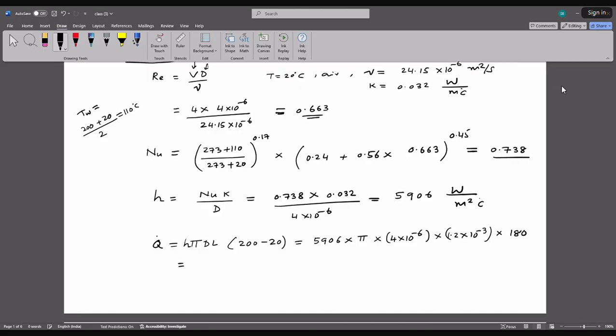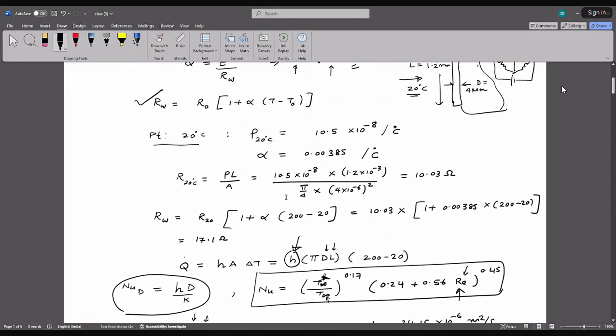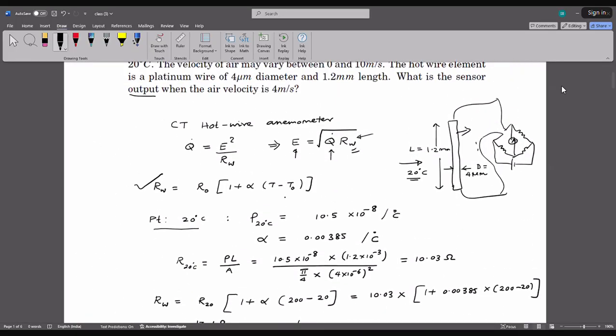If we do the calculation, this will come out to be 0.016 watt. Okay, so this is the heat that is dissipated from the hot wire. So if you know Q, we can find out what the output is.